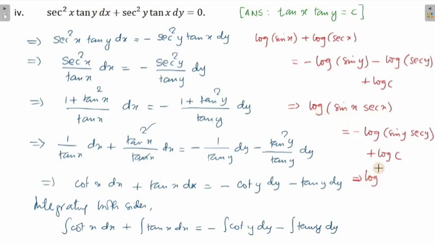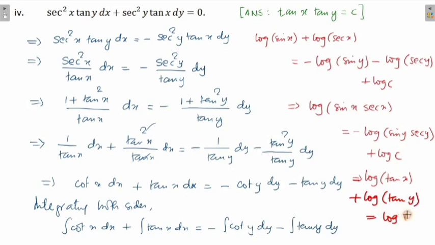So basically this is log tan x, and similarly this, wait a minute, so this log tan x is equals to, this is minus, so bring it out here, it becomes plus log tan y this time. So log tan y is equals to, how much is left?